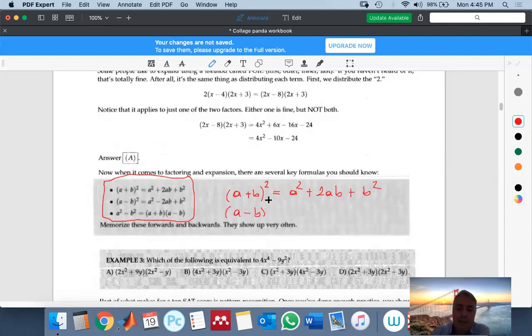A minus B parenthesis square is A squared minus 2AB plus B squared. And A squared minus B squared, we use this so often, by the way, is A minus B times A plus B. Okay, now let us memorize them. Probably you know them, okay?